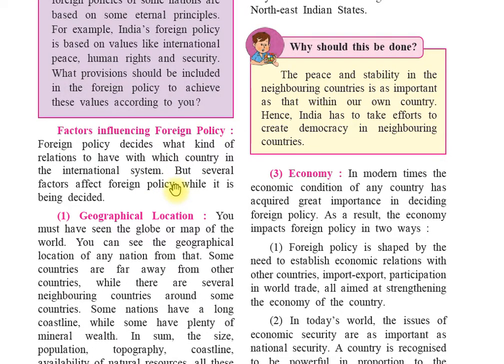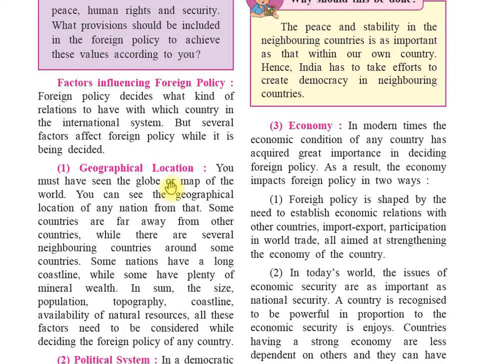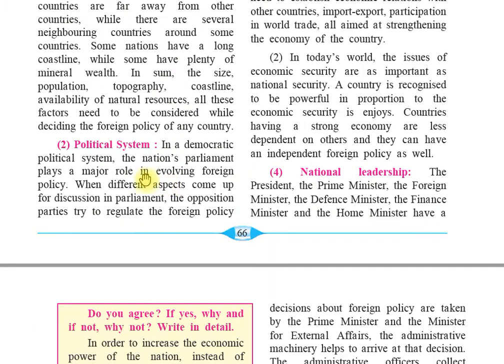And which are the factors? The geographical location of a country plays an important role in deciding the foreign policy of a country. Then, political system.